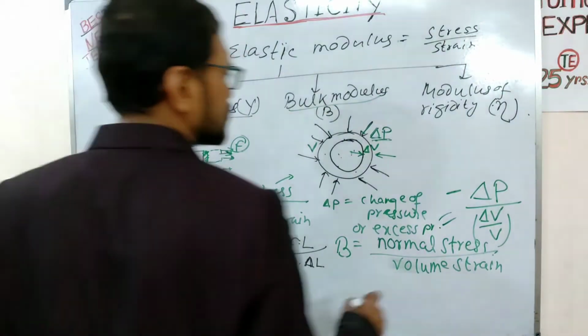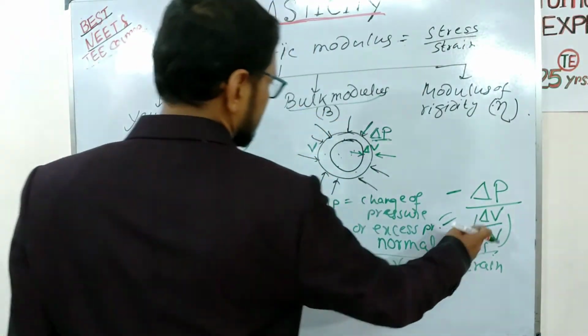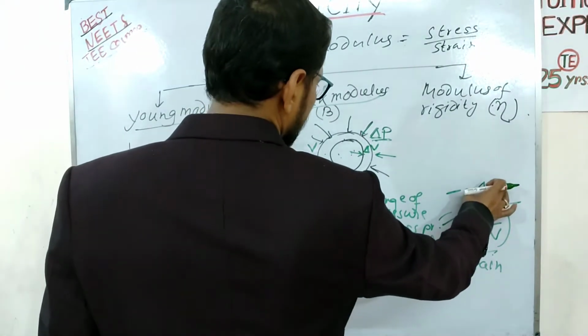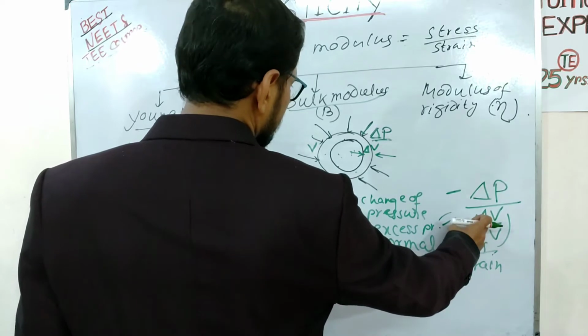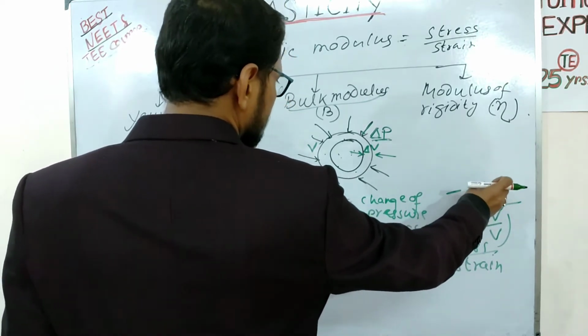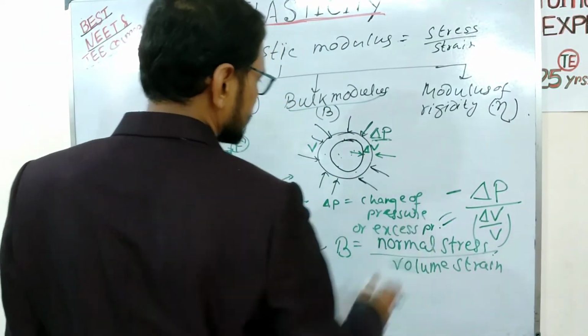Because pressure is applied, the volume is decreased. If del P is positive, then del V is negative, and if del P is negative, then del V is positive. So that's why it is negative.